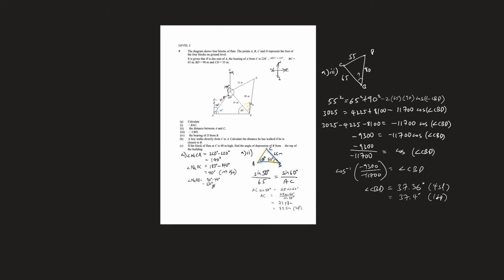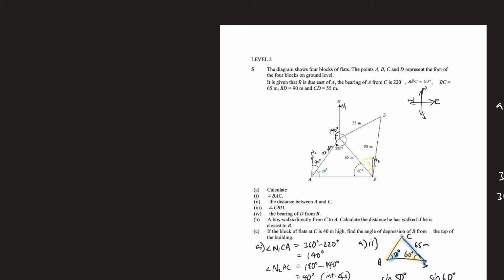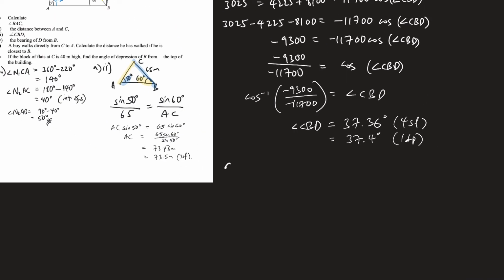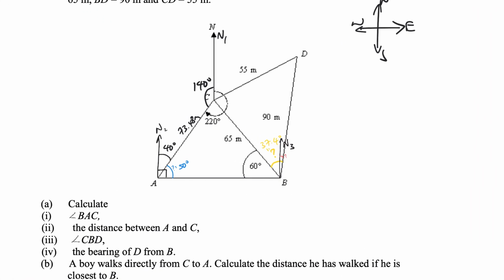Okay, let's do part 4. Okay, we should just continue over here since it's still part A. I can say angle ACB, if you look to the top here, ACB, is simply just 180 minus 50 minus 60 will give me this angle. Right.